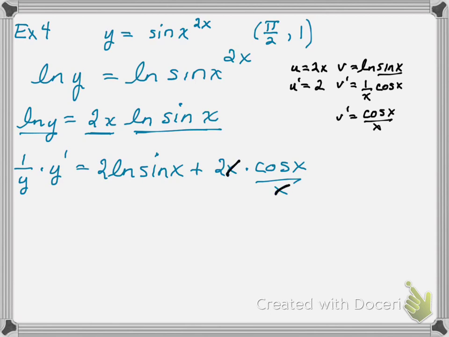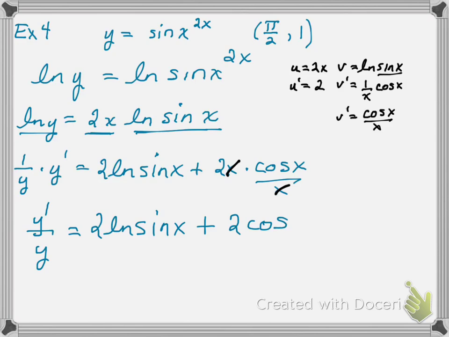And so now I'm just going to write this first part as y prime over y is equal to 2 ln of sine x plus 2 cosine x. Alright, so now to get y prime by itself, I would want to multiply times y.